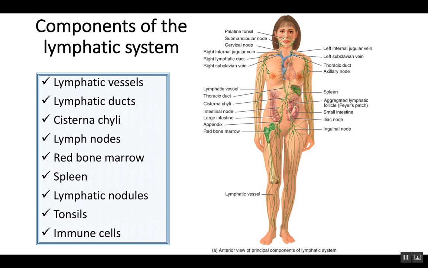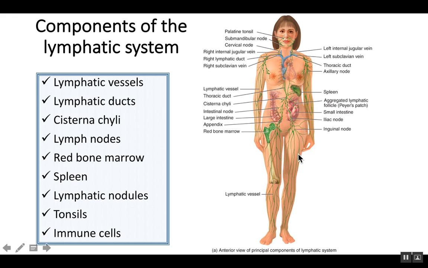Let's begin by mentioning some of the main components, the organs of your lymphatic system. You'll notice in this drawing you see a lot of green vessels. Those are your lymphatic vessels. Lymphatic vessels all arise from lymphatic capillaries, which are the microscopic vessels that you don't see on this drawing.